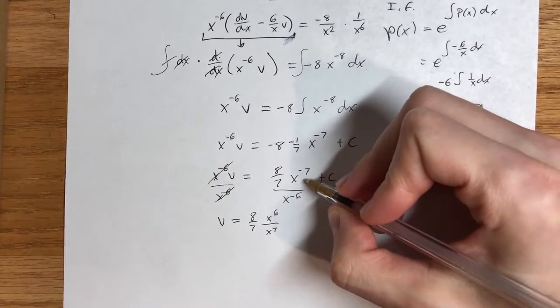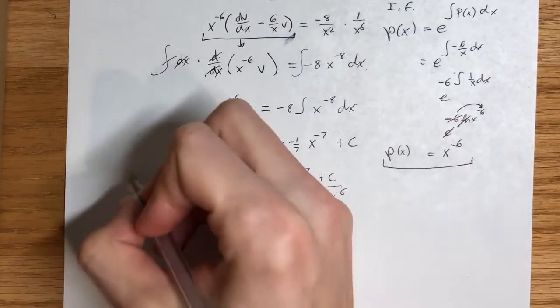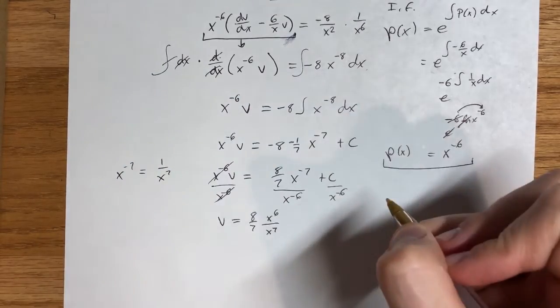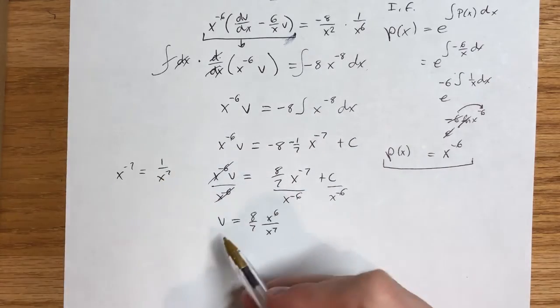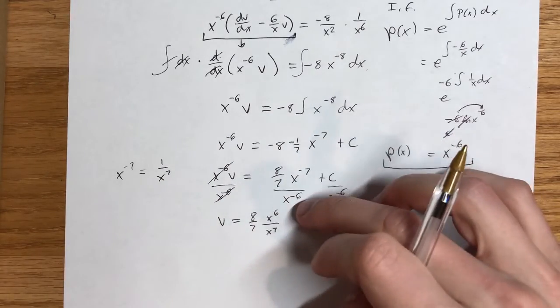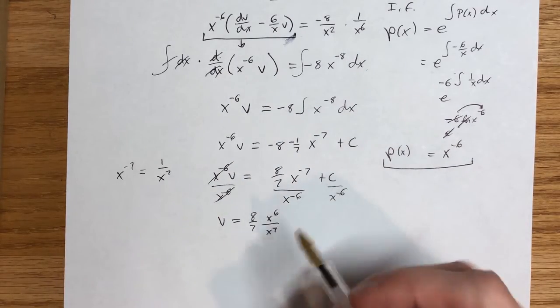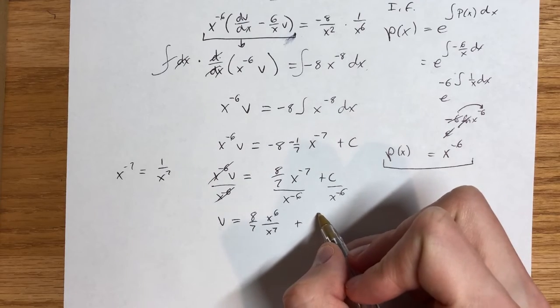The reason I'm doing so is because a negative exponent just means that x to the negative 7th is equal to 1 over x to the 7th. And same for the x to the negative 6th, it's just 1 over x to the 6th. So if I have a fraction divided by a fraction, you just multiply by the reciprocal, and therefore you'll end up with this. So now I can easily cancel these out, and I realize that I just have one x on the bottom.